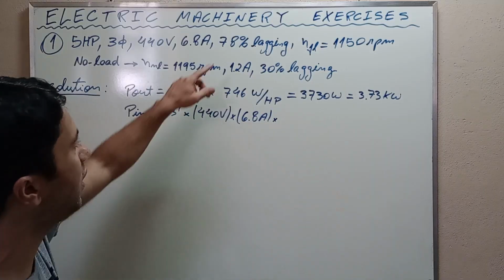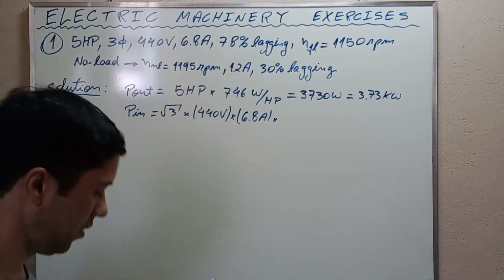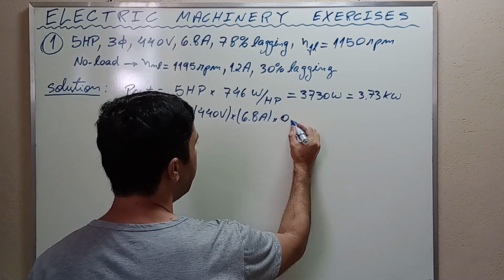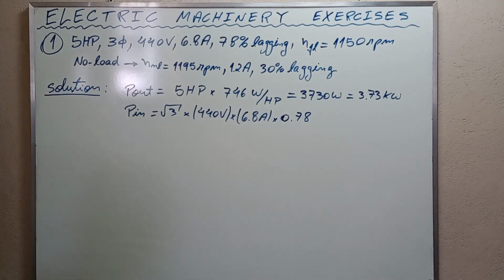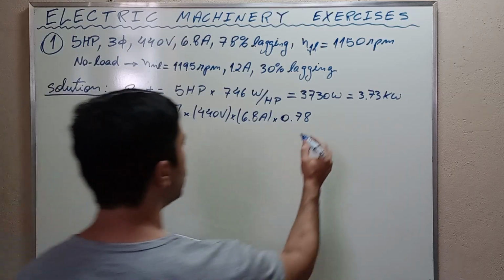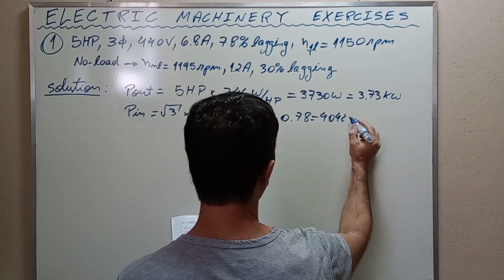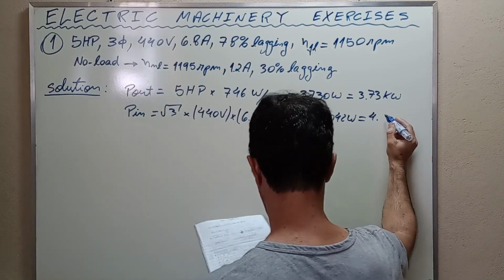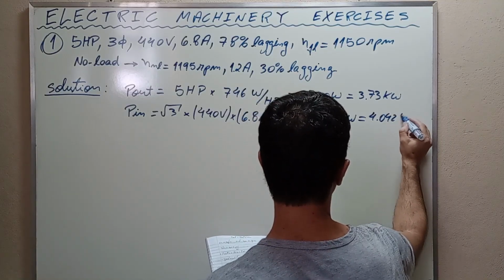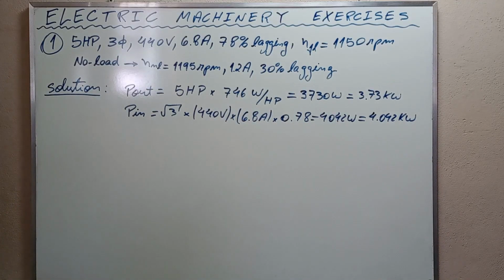The cosine of the angle is 78%, lagging, then it is 0.78. We find that the input power is equal to 4042 watts, which can be rewritten as 4.042 kilowatts. Now we have the output power and the input power.